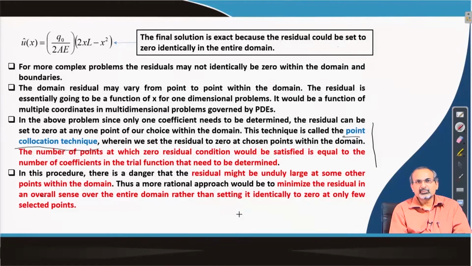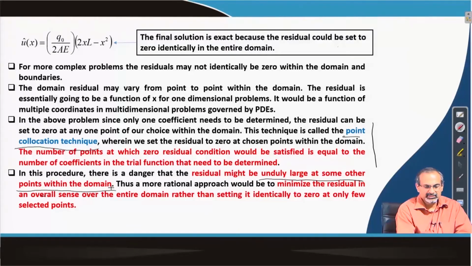And then in the remaining part of the domain, we may not be able to satisfy the residual going to 0 exactly. In fact, it may become unduly large at some other points in the domain, which is a big concern.